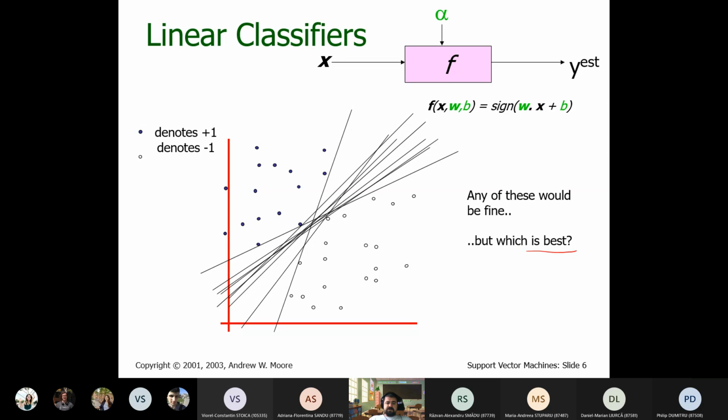All of these classifiers would classify correctly all the data, okay? So first of all, let's establish that all of these are correct classifiers that will correctly classify the data. The question is, are all of them of the same quality, or are some of them better than the others?